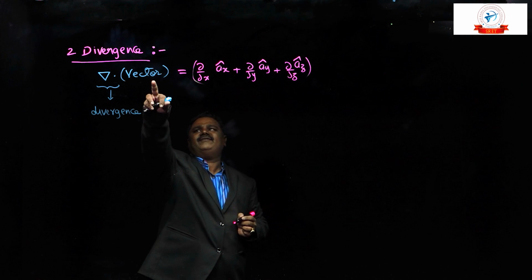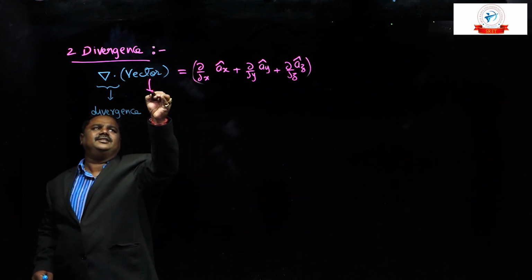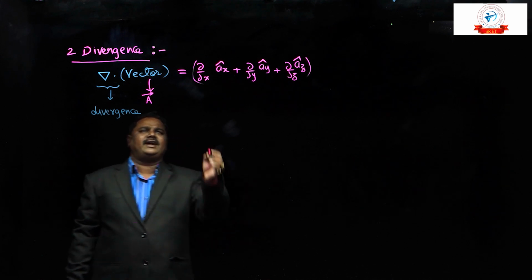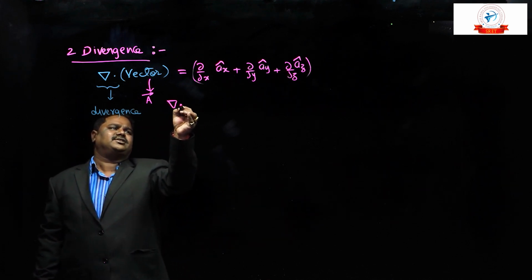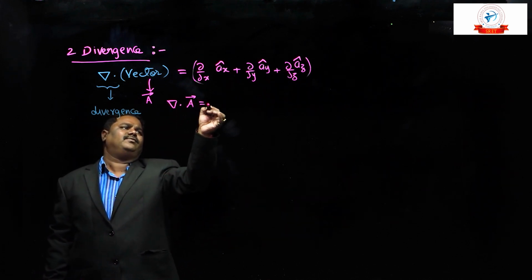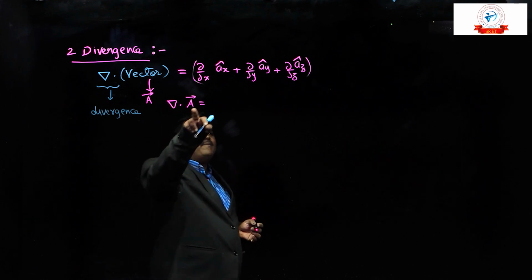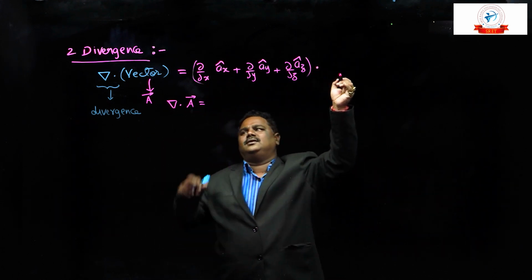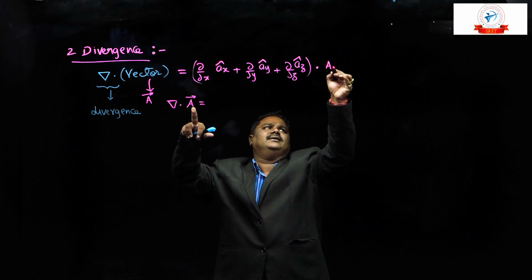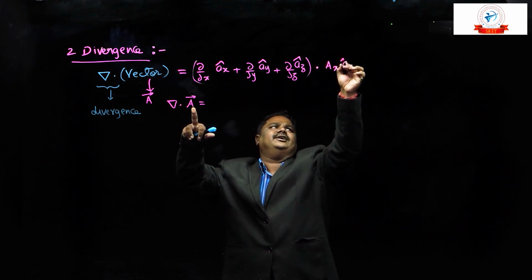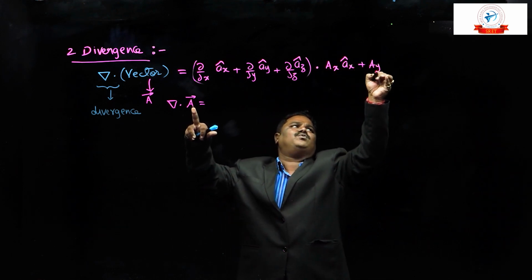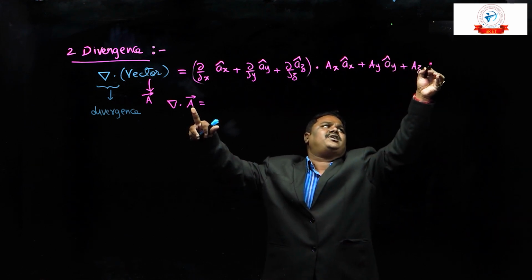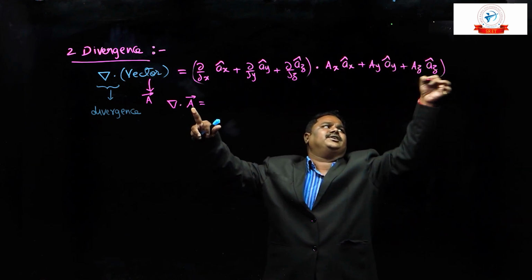Now consider any vector, I consider that this vector is some A bar, and we are finding the divergence of A bar. Now I will expand A bar also here. We have del dot A bar, where A bar is given by its x component into ax cap plus its y component into ay cap plus its z component into az cap.